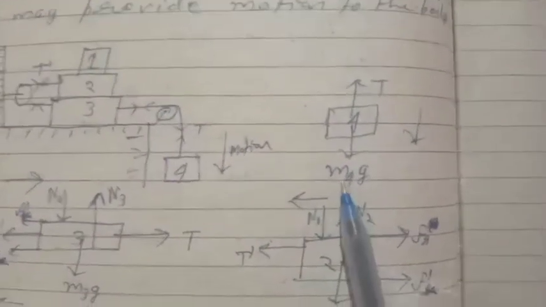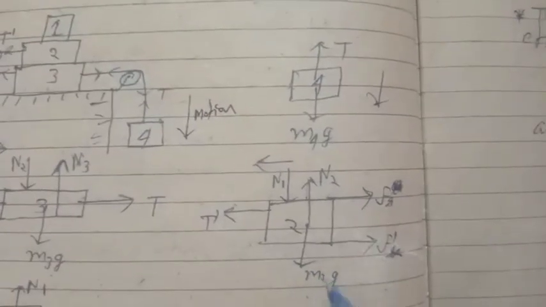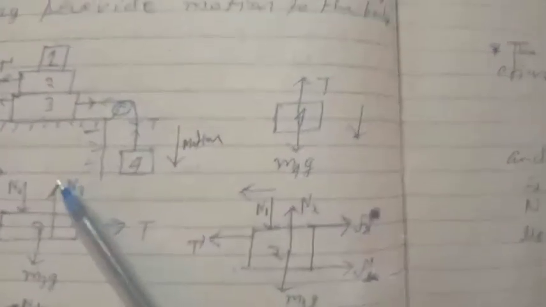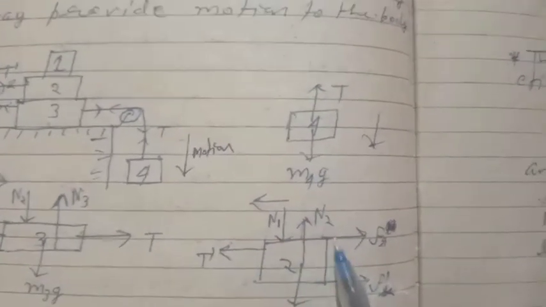Again the second body's free body diagram is drawn. Here we see the normal reaction N2 acting, and the weight of the body is M2G. Body 1 also applies a normal force, which is N1.